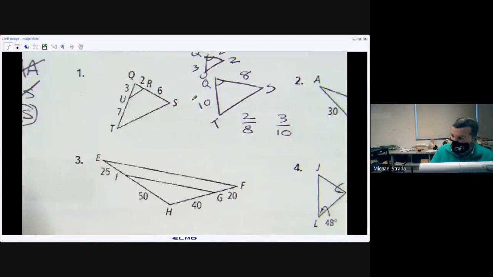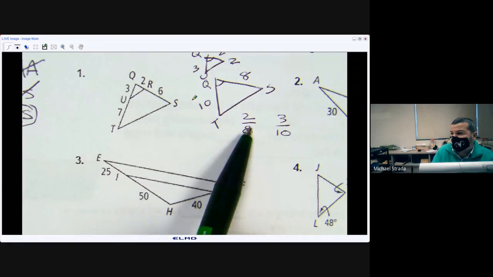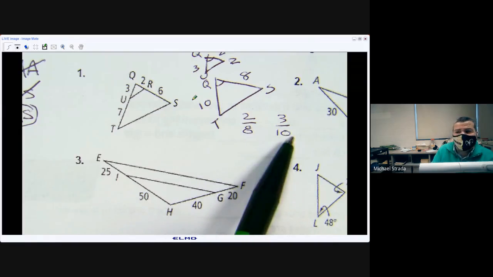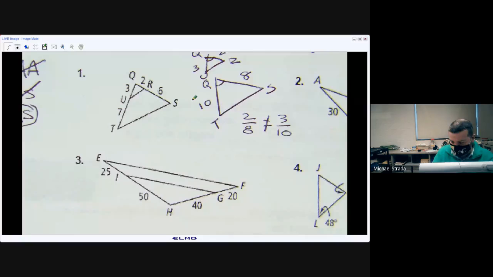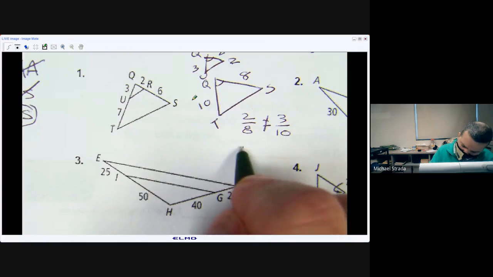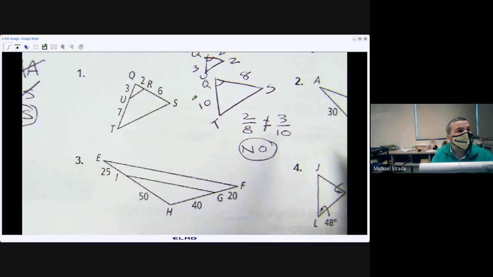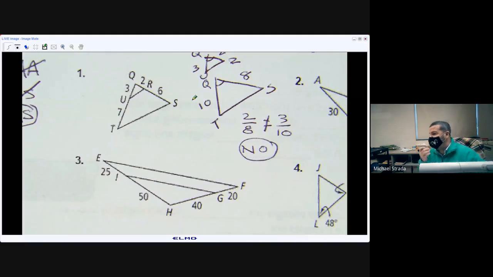If you want to show the math, you can. Or if you do it in your head, 2 over 8 reduces down to 1/4. Is 3 over 10 reduced down to 1/4? Nope. So they are not equal to each other. So therefore, no. And showing the proportion is a good enough explanation for me. If you explain why, you're good to go.